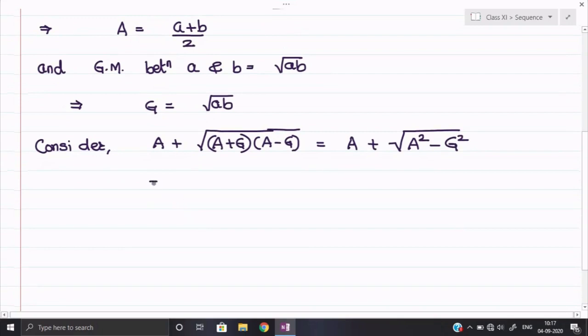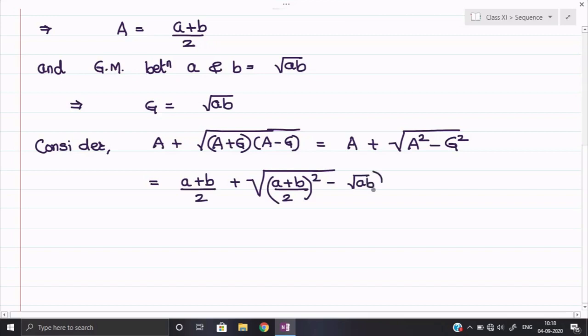So it will be equal to, let us put in the value of A, that will be (a plus b) upon 2 plus under root of, put in the value of A again, that is ((a plus b) upon 2) whole power 2 minus (under root of ab) whole power 2, because the value of G is under root of ab.